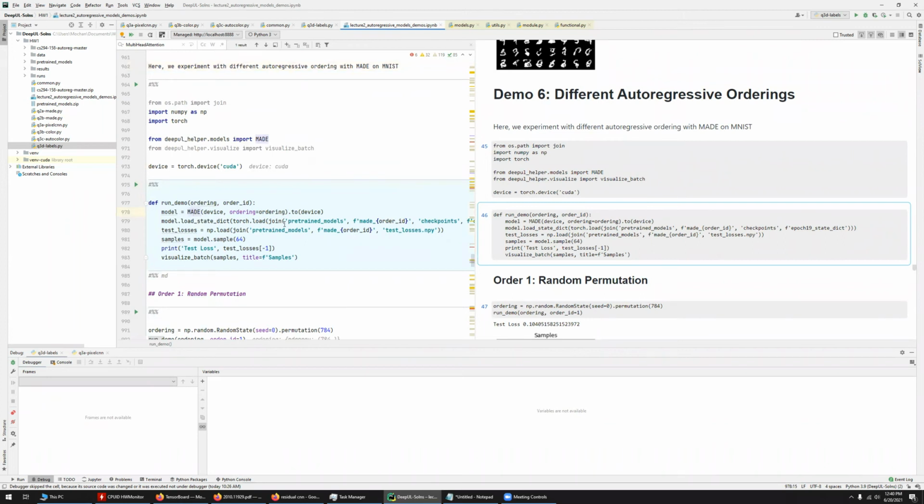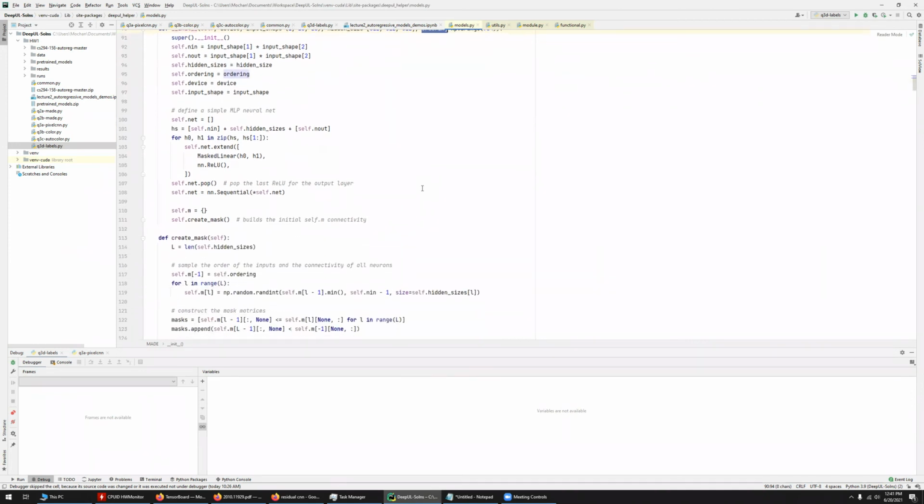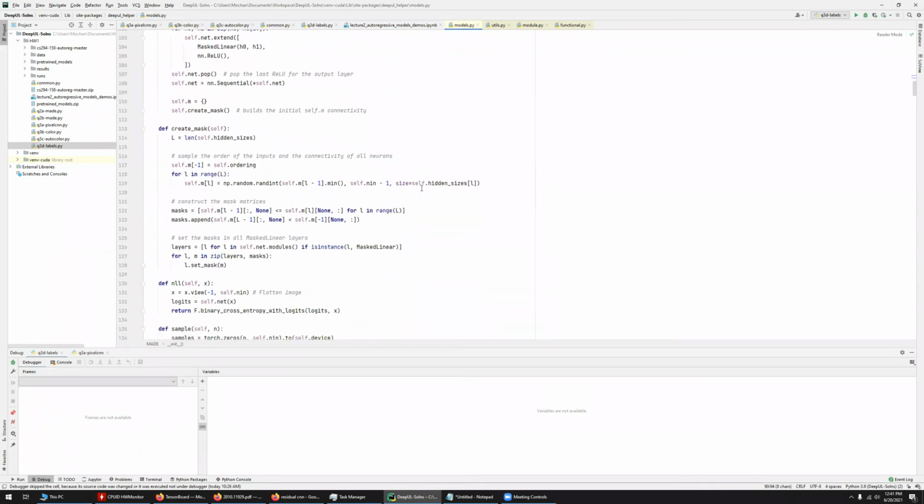So again, I'm curious, is there any difference in the implementation? I thought our implementation allowed for the different ordering anyway, right? So what is it that is different in the MADE with different ordering?